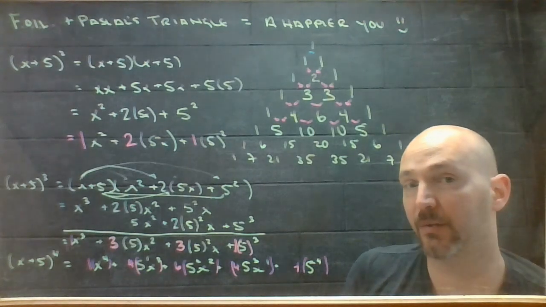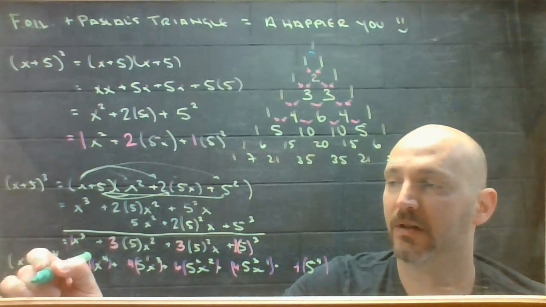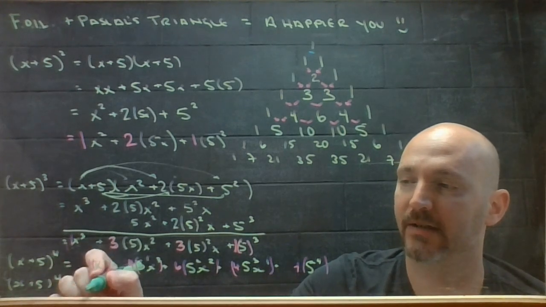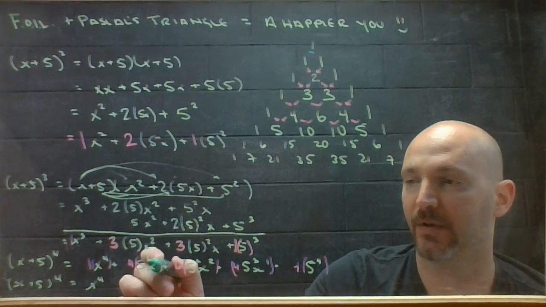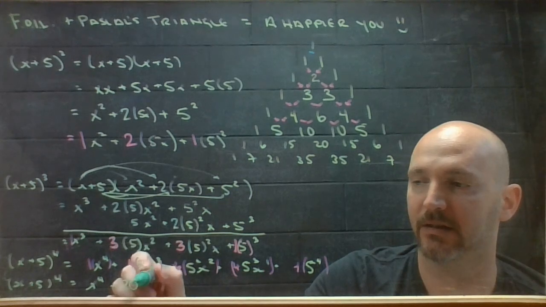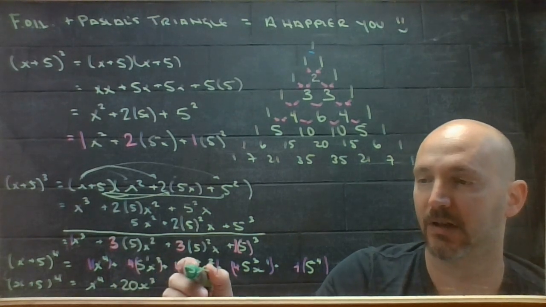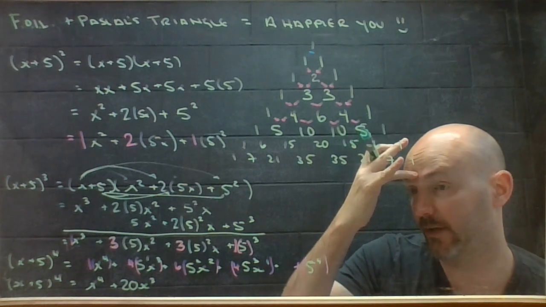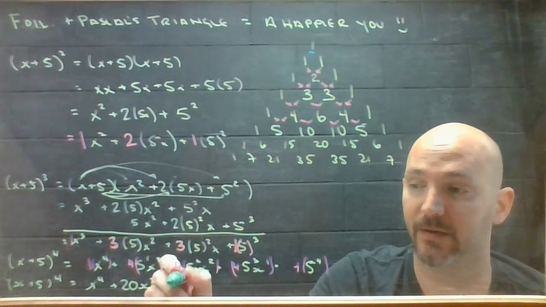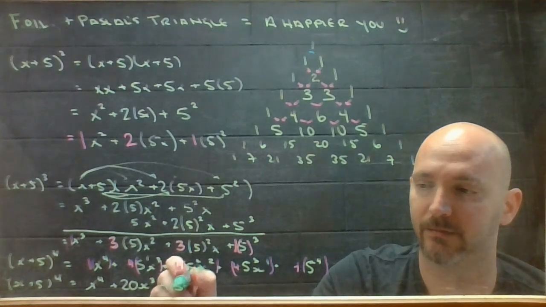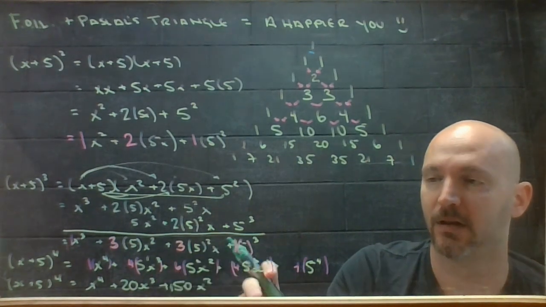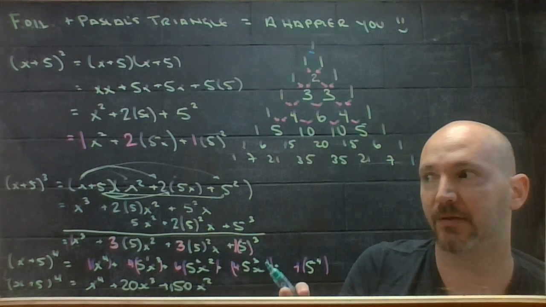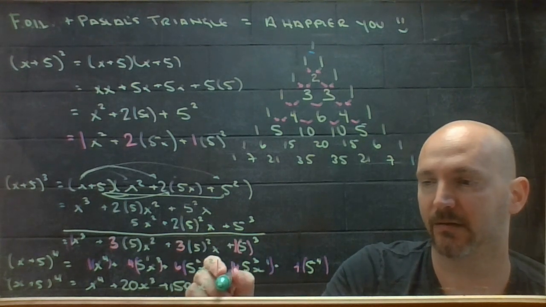So if you actually were to do the numbers, x plus 5 to the 4 would be 1x to the 4. 4 times 5 is 20 x cubed. 6 times 5 squared, well, 5 squared is 25, and 25 times 6 is 150. 5 cubed is 125. 4 times 125 is 500.